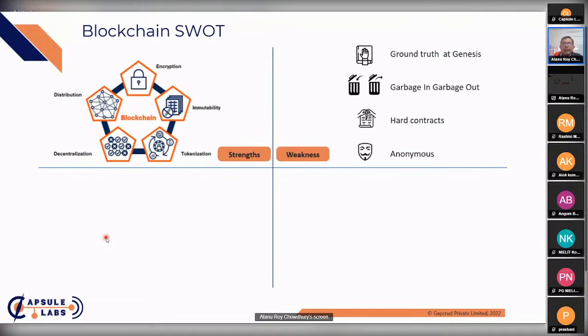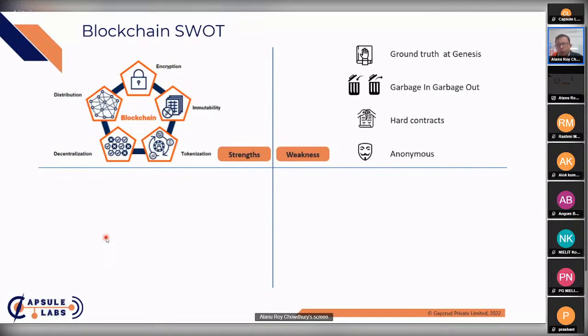In terms of weaknesses, several applications face a problem because there is always ground truth at genesis, which means that the first block that is created is assumed to be perfect. So what ends up happening is, let me take a use case.